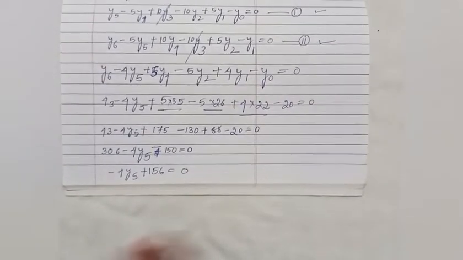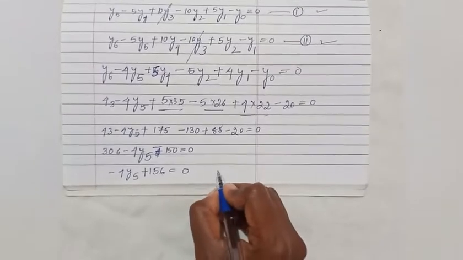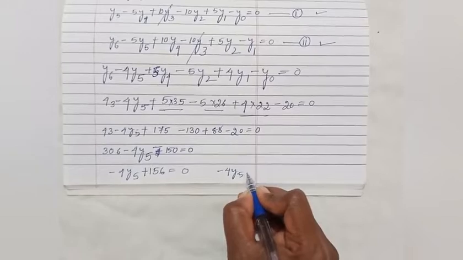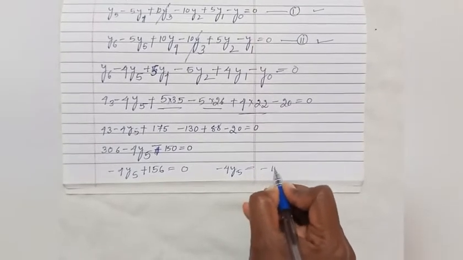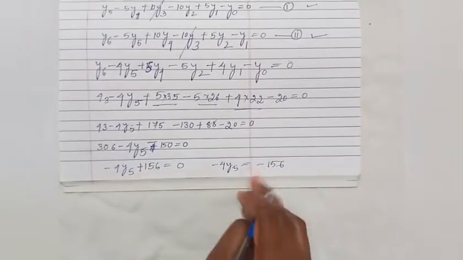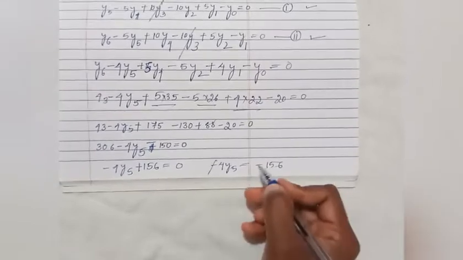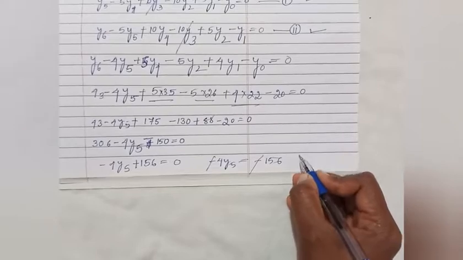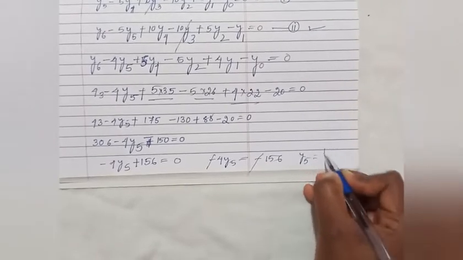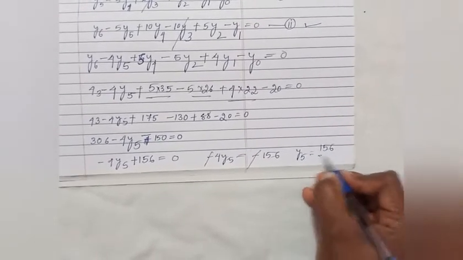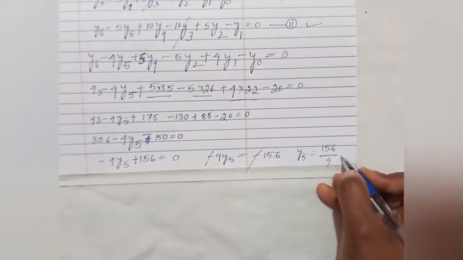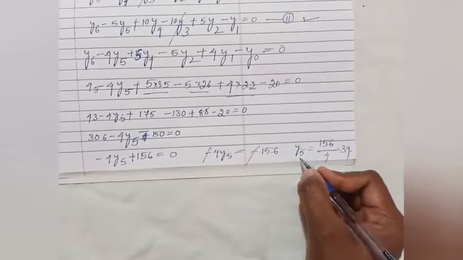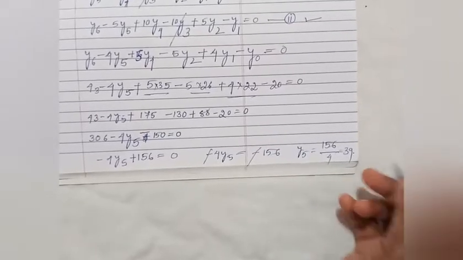Okay, now we have to write here minus 4y5 is equal to minus 156. This value we have to take to the right side. Here minus minus we have to cancel. We have to write y5 is equal to 156 divided by 4, will get here 39. We got here the y5 value 39.